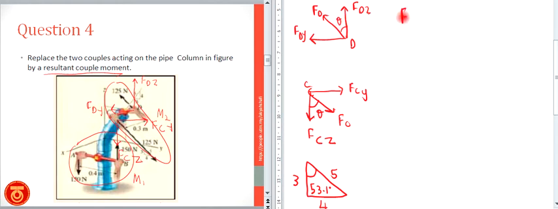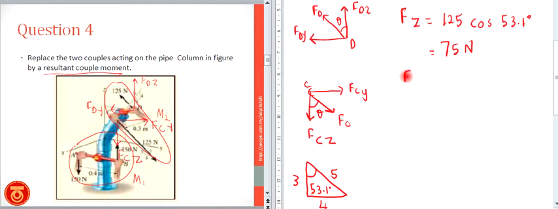So Fz equals 125 cos theta, where theta is 53.1. So you will have 75.